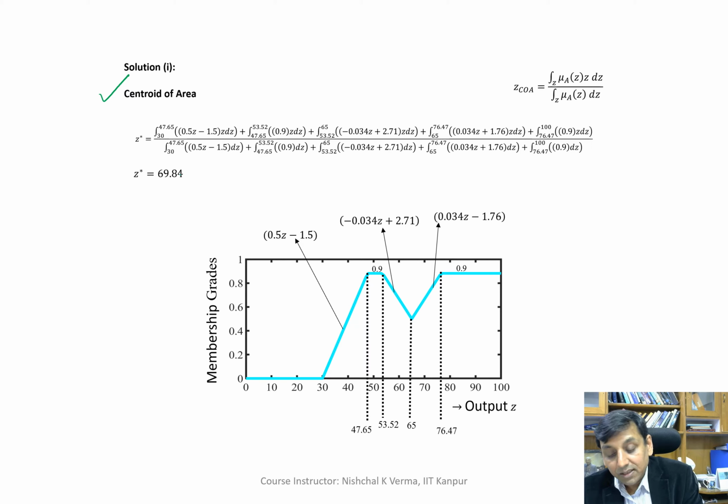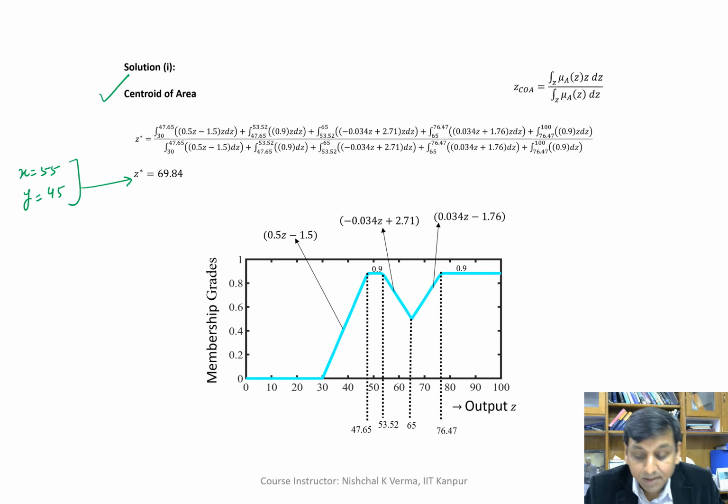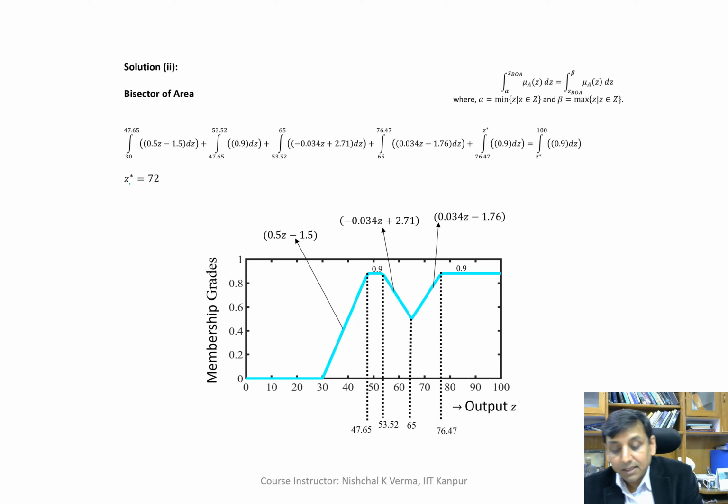So corresponding to x equal to 55 and y equal to 45, we get the output z star, which is 69.84. Then when we use the bisector of area, we get the output z star equal to 72.